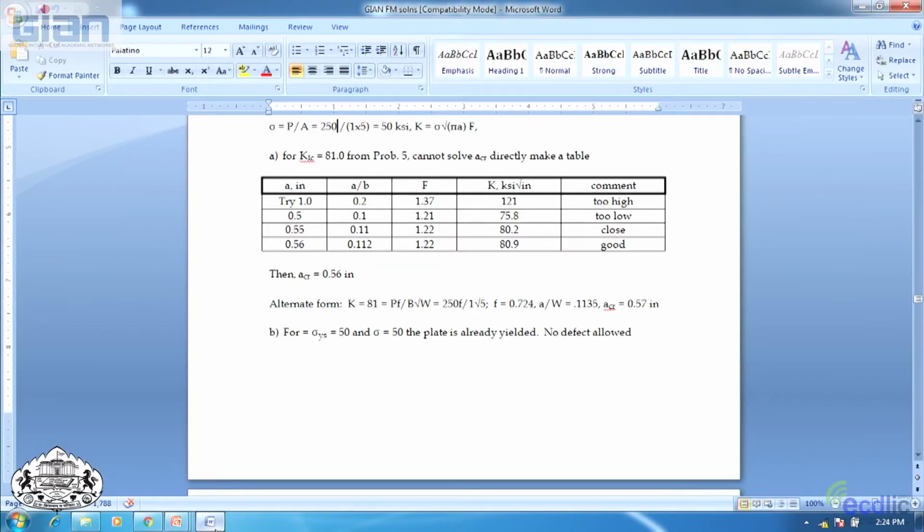It is here in part B. If the yield strength is halved, note that the net stress is already 50, you already yield at the plate. So when you already yield at the plate, linear elastic fracture mechanics is gone. So I say no defect allowed, because you already yield at the plate, and we're working in linear elastic fracture mechanics here.